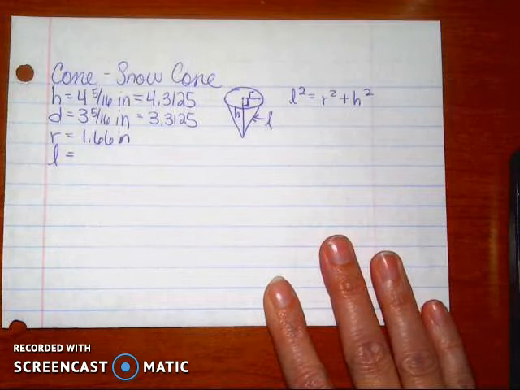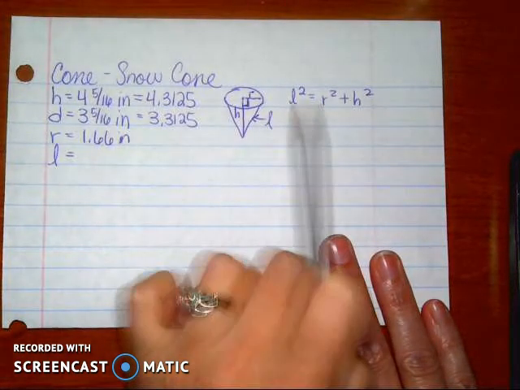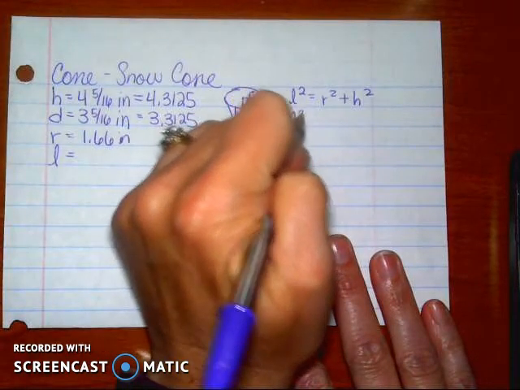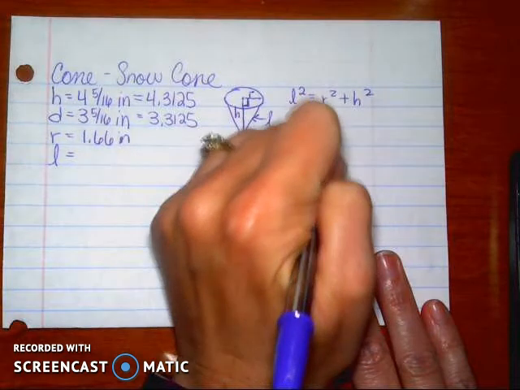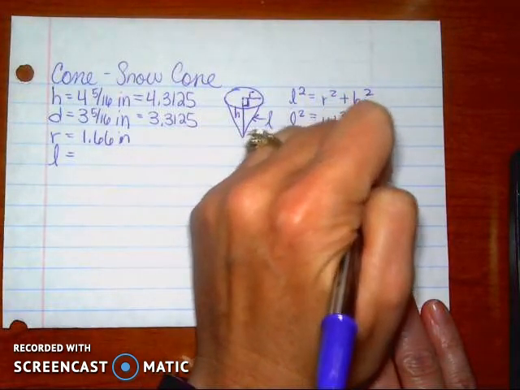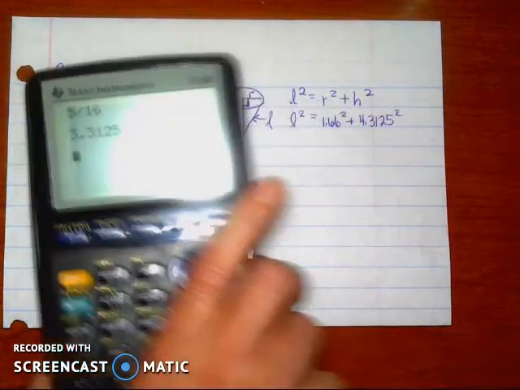And I have those things. So I'm going to calculate my slant height using the radius and the height. So my slant height squared is going to equal 1.66 squared plus 4.3125 squared. Okay?